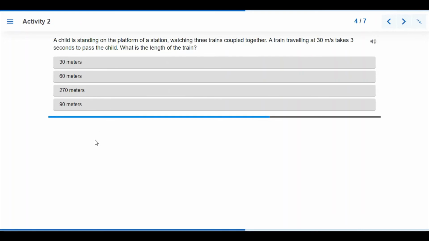Now, a child is standing on the platform of a station, watching three trains coupled together. A train traveling at 30 meters per second takes 3 seconds to pass the child. What is the length of the train? Now, three trains are coupled together, and one train is traveling at 30 meters per second.